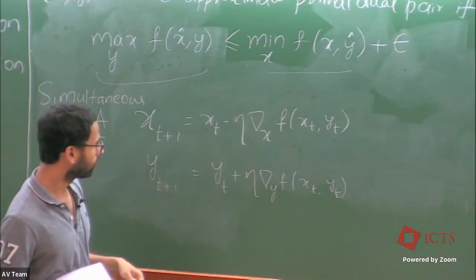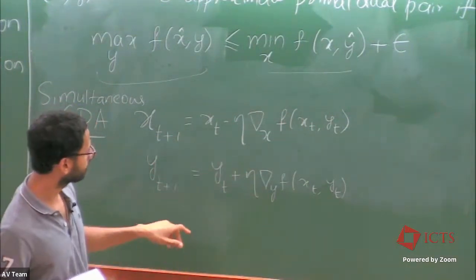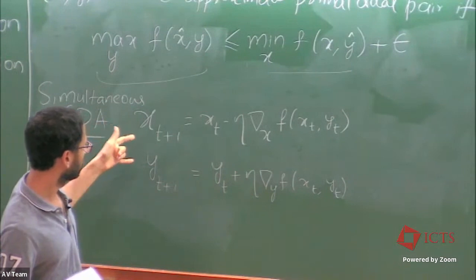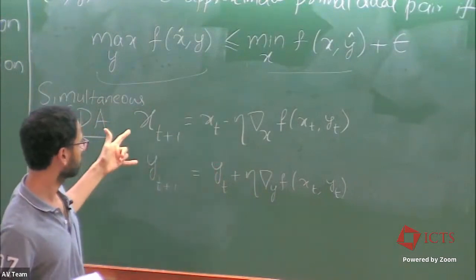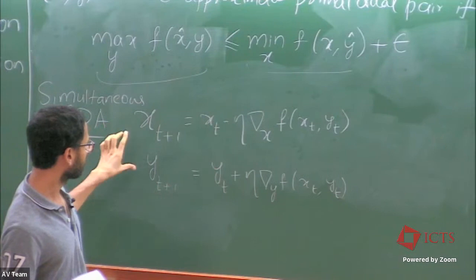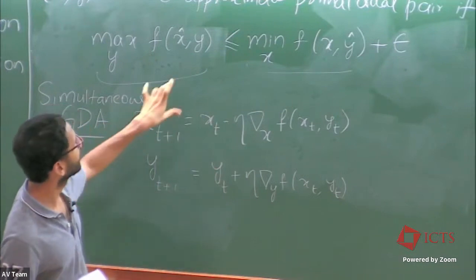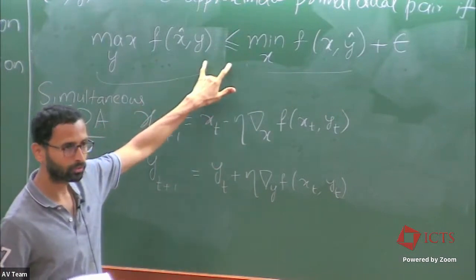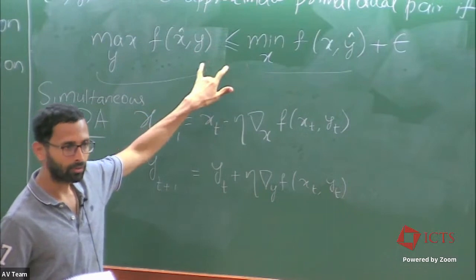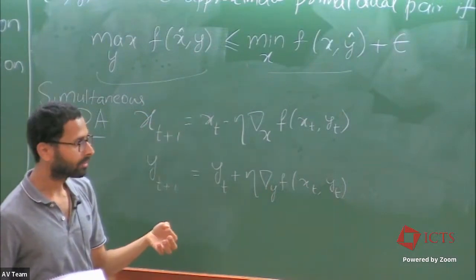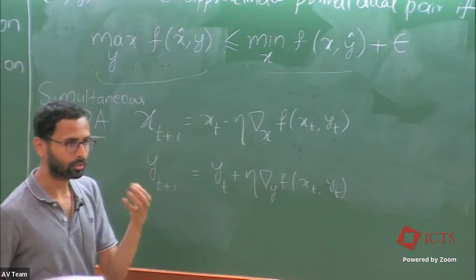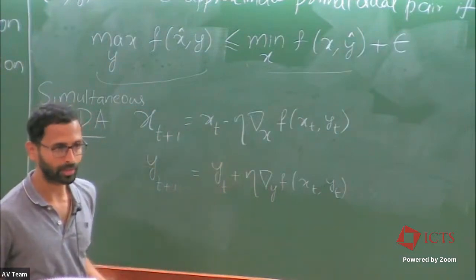In the rest of this lecture, I'll state and prove a theorem which tells us that gradient descent ascent can find approximate primal dual pairs for convex concave minimax optimization, and we'll see what exactly the rate is. As I mentioned, this also acts as a constructive proof of Sion's minimax theorem.